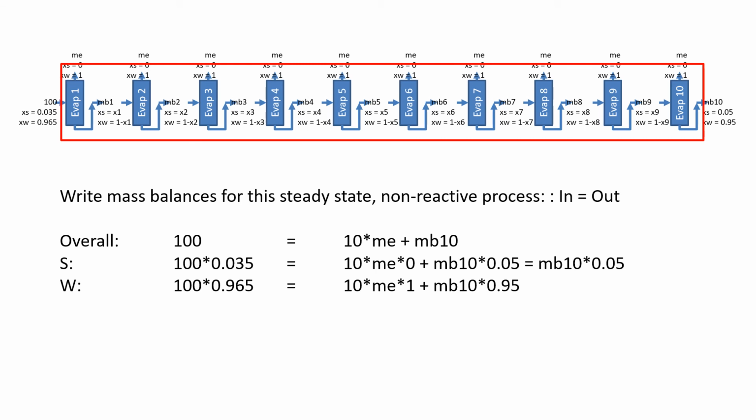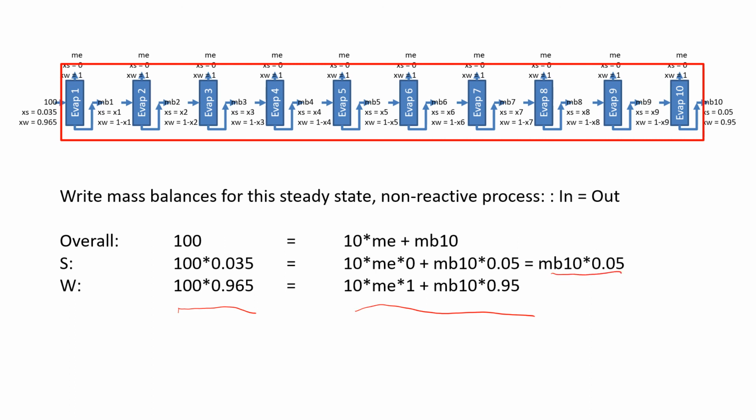You can see that in this table here, we have the input to the control volume, what comes in: the overall amount, the amount associated with the salt, the amount associated with the water. And on the right-hand side of the equals, we have the output from the control volume: the total amount that comes out, the overall balance, the balance for salt, and then the balance for water.